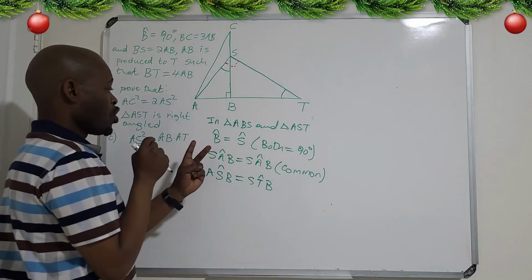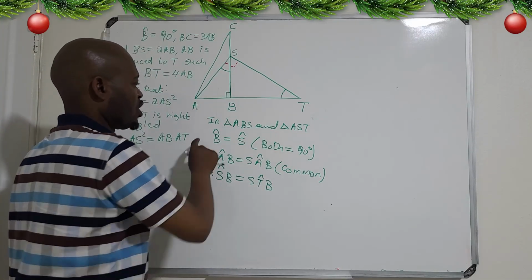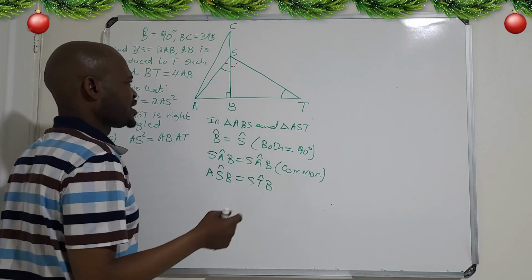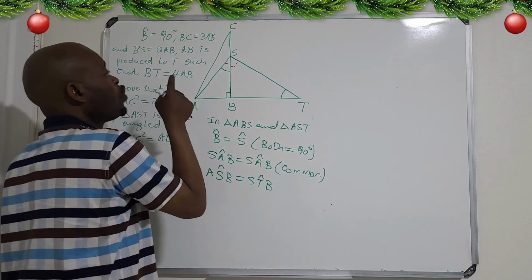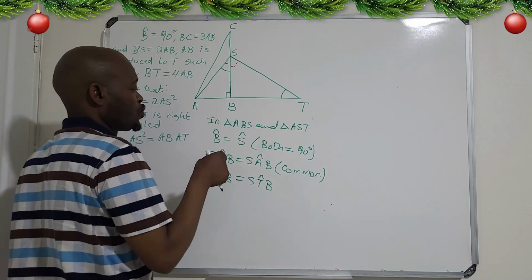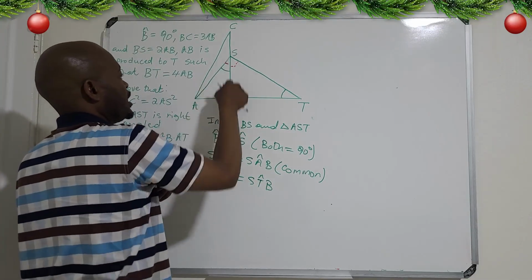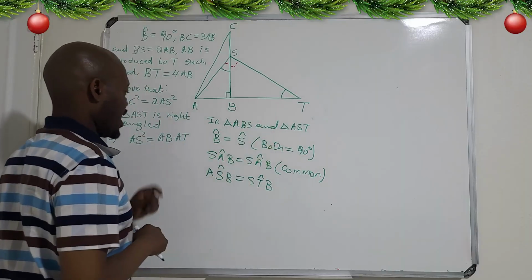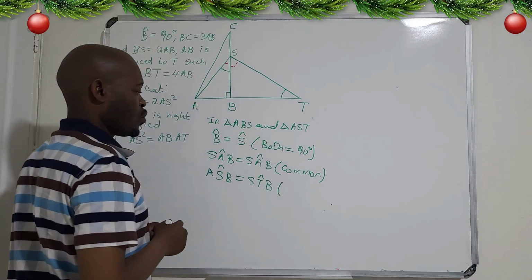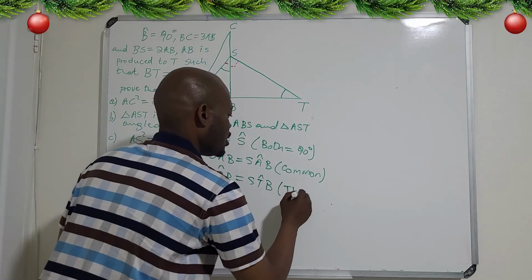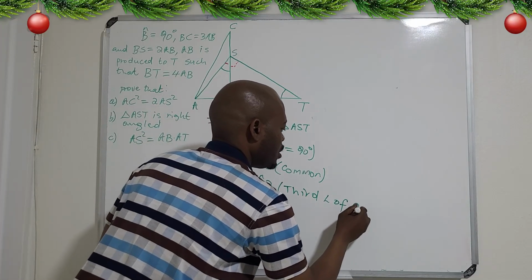We could have concluded from here, but since we also want to prove that, we show again which angle is equal to which angle in the other triangle. Angle ASB, which is this angle, is equal to that angle.